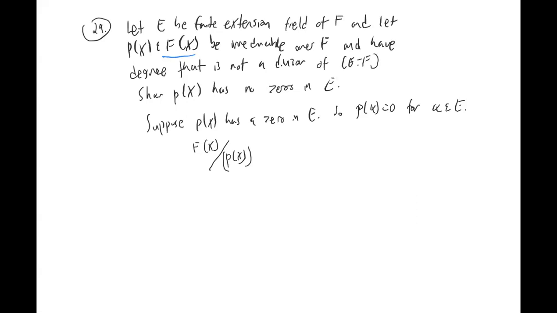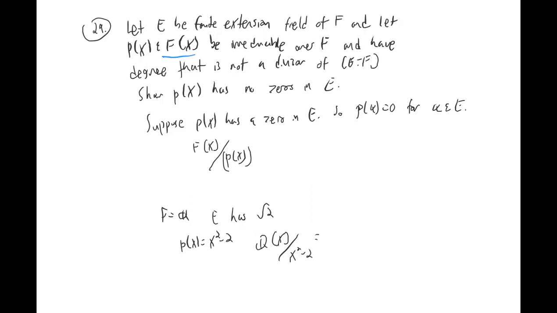Let's go numeric example. No, it's a field. I'm asking you what is the notation for it? How about this: F is Q. Let's take E to have root 2. Then in this case, P(X) is X squared minus 2. I'm asking what is the notation here? What do we call this field?